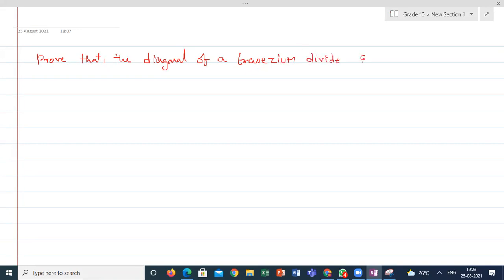That means if I take any one diagonal of a trapezium, that diagonal divides the trapezium into two triangles. You have to prove that the two triangles are similar to each other. Proportionally means similar.